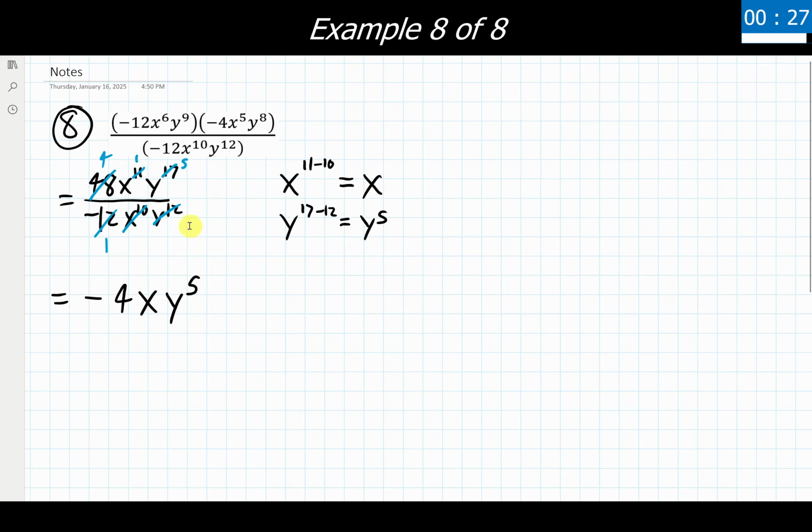Make sure you're also keeping track of which spot, the numerator or the denominator, has a higher exponent, and that's going to be determining where your final answer here is going to end up. But because we have everything in the denominator canceling out to 1, everything is therefore left over in the numerator spot, and we have our final answer of -4xy to the 5th power.